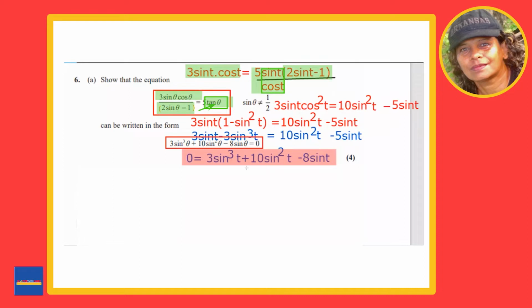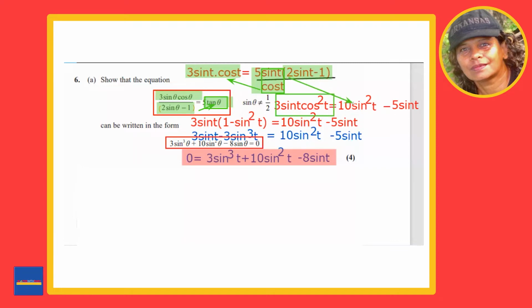Now, let's talk about the next step. I'm going to cross multiply basically, taking the cosine theta up. If I do that, I'm going to end up with 3 cosine theta into cosine squared theta is equal to, and I'm going to expand this bracket that I have here, 5 sine t into 2 sine t.